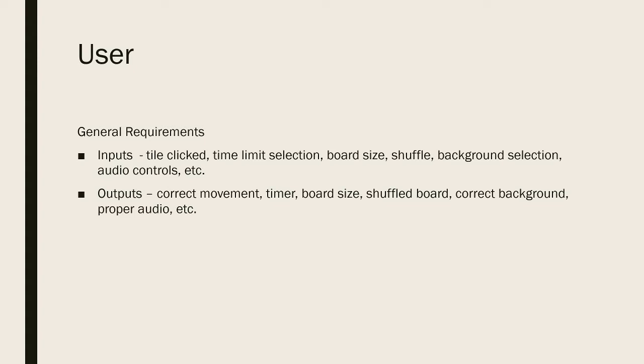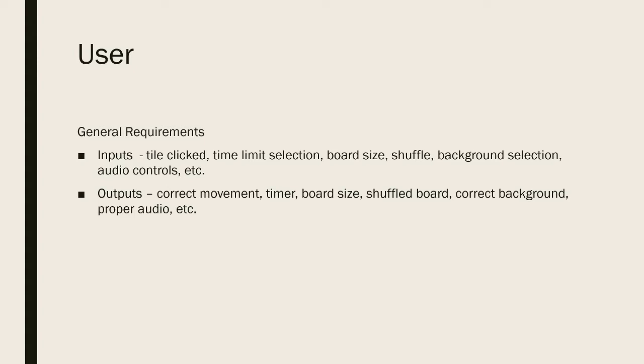And for the outputs, it's basically everything from the inputs. Basically just the reaction from the inputs. If you click a tile, you want to have it move to the correct spot, or basically just the blank space.